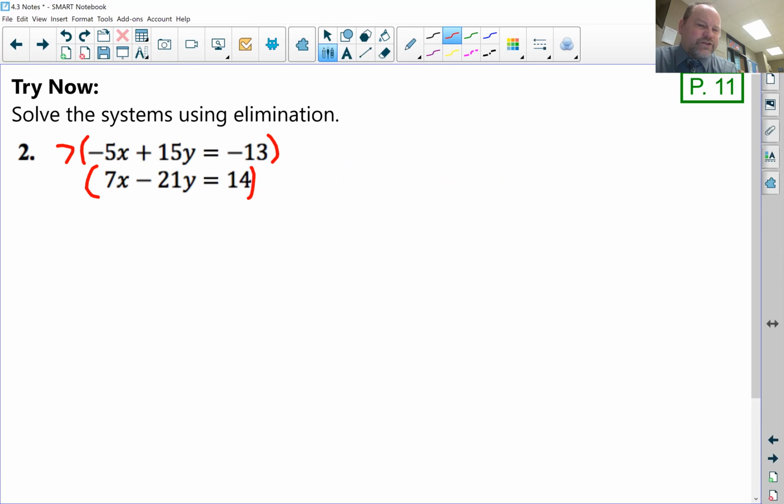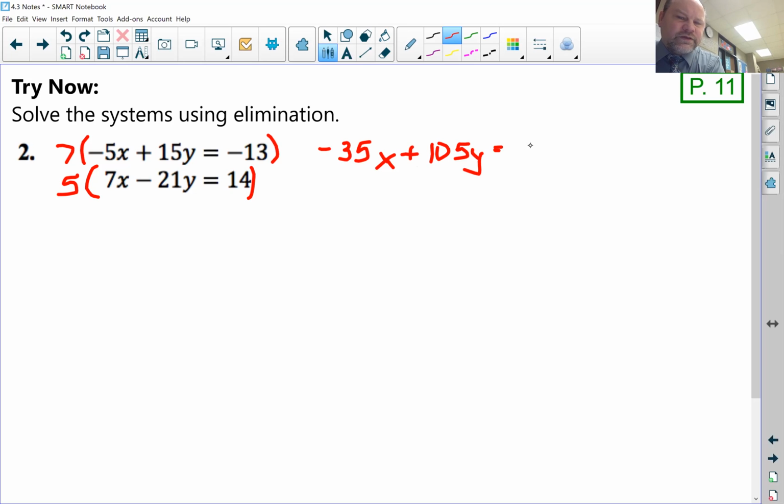And the bottom equation I multiplied by 5 so that I would eliminate the x's. And the numbers get pretty big. -35x plus 105y equals -91. And 35x minus 105y equals 70.